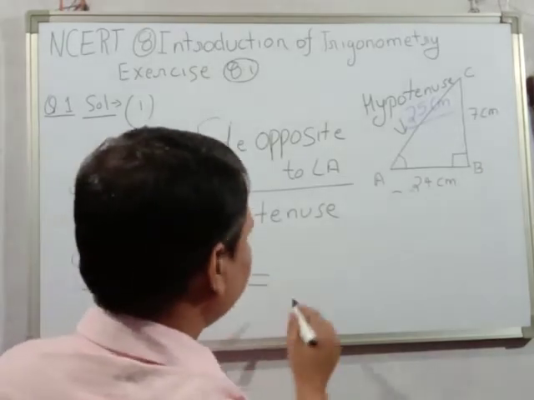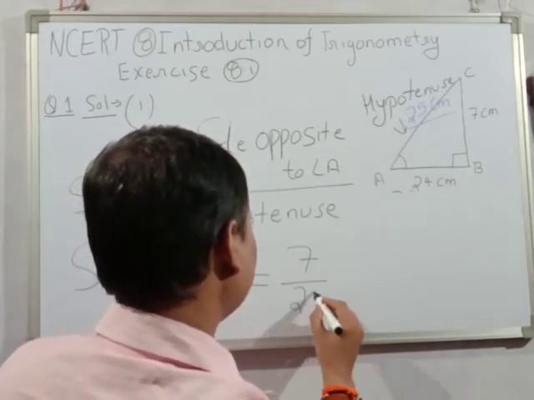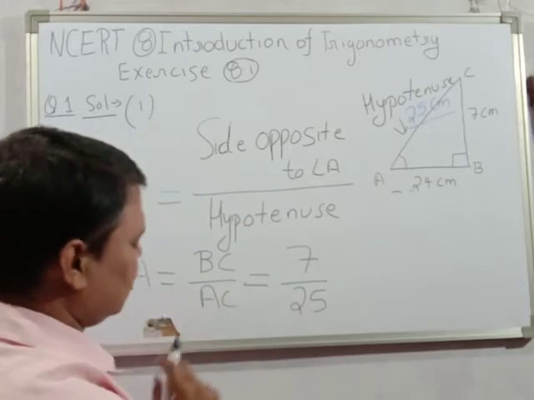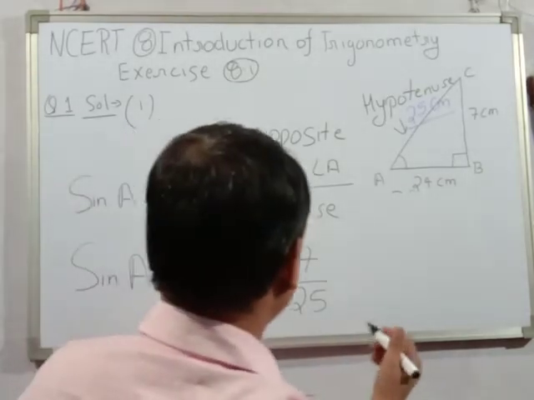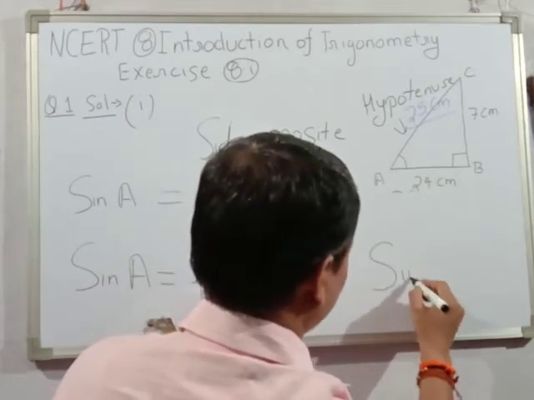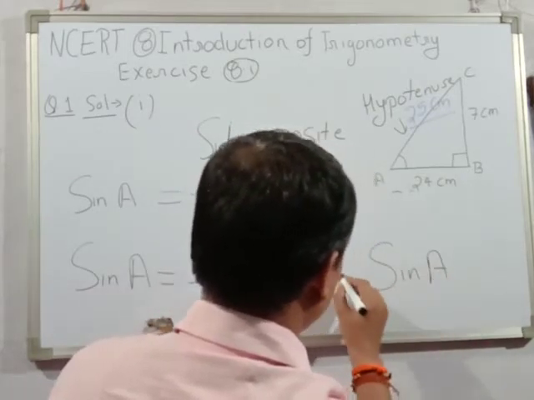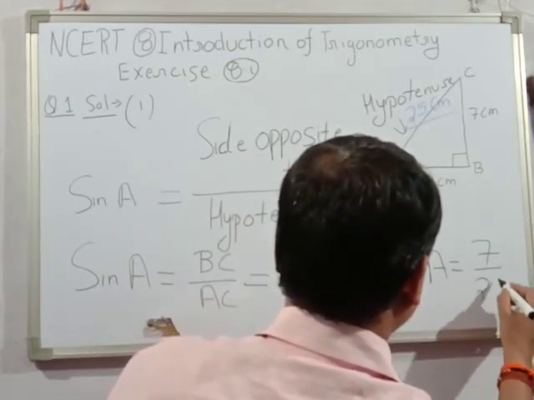BC is 7 centimeter and AC is 25 centimeter. This is the answer. Sin A equal to 7 upon 25.